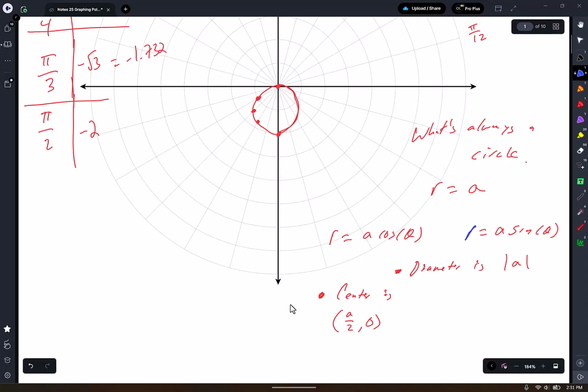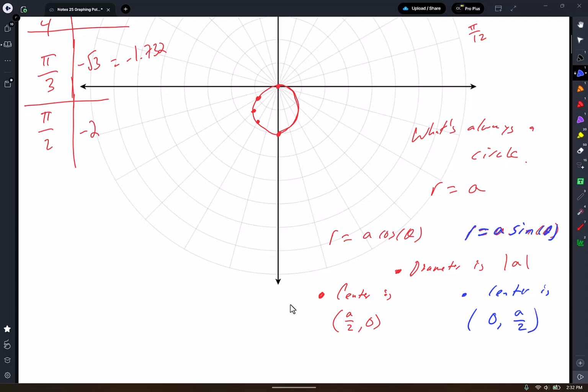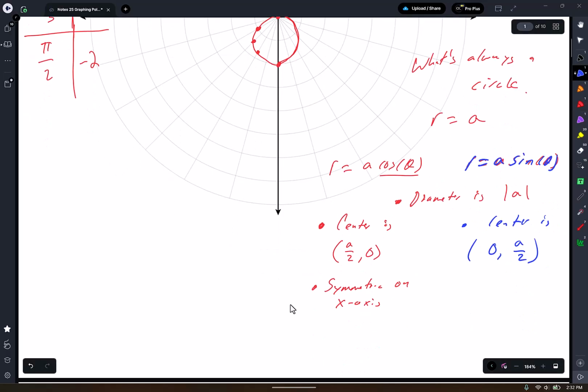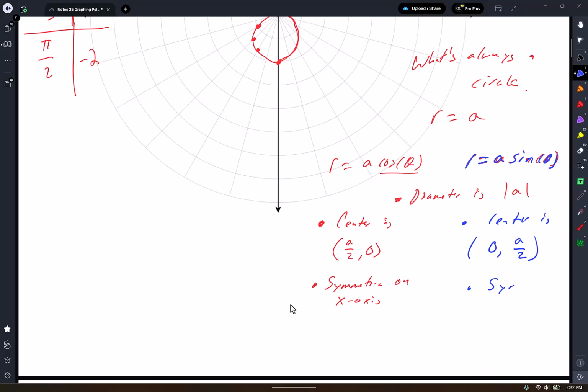Okay, so I'm going to write this one in blue to color-code it. And the one on the right, the center is 0, a over 2, because it's symmetric on the y-axis. So let me write that down here. Symmetric, the one on the left, the cosine, well, it's cosine, so what do you think it's going to be symmetric on? X-axis. The one on the right, the one with sine, is going to be symmetric on the y-axis.